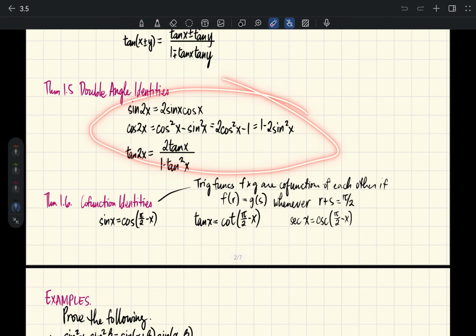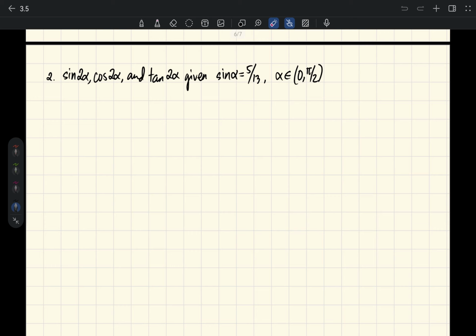And what do we see in all of these identities? We need the values of sine of x, cosine x, and tangent x. Or in our case, we need sine alpha, cosine alpha, and tangent alpha. So first, let's look for cosine alpha. So how do we do that?